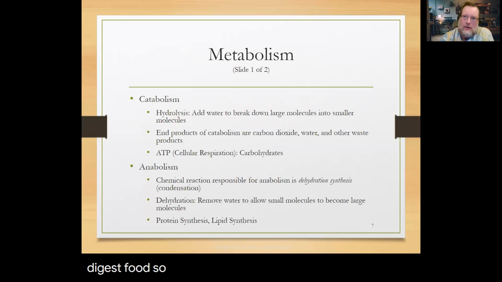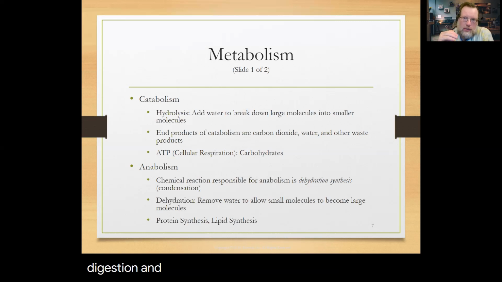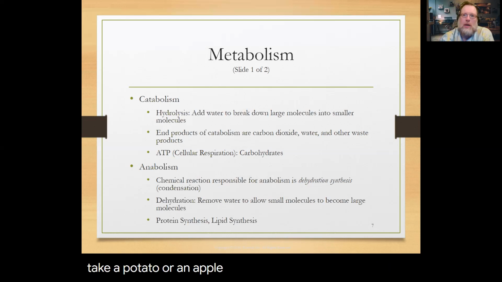So in a few competencies from now, I believe it will be in the last module 4, we're going to do digestion and nutrition. So we'll look at some of the other features that allow our bodies to take a piece of steak or take a potato or an apple and break those large chunks into smaller usable chunks.